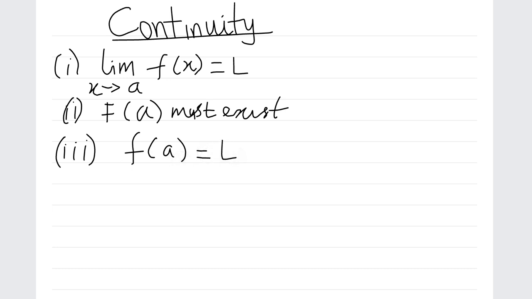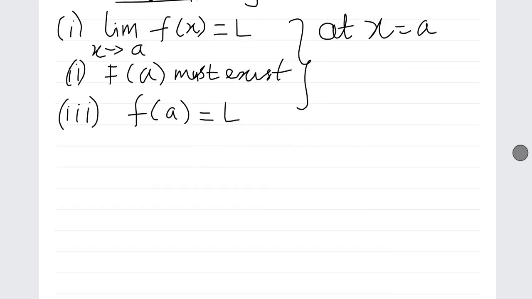So if these three conditions are satisfied, then you say that the function f is continuous at x equal to a. So that is what we mean by that.